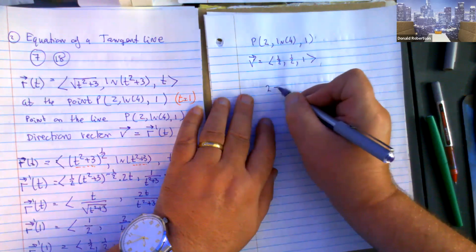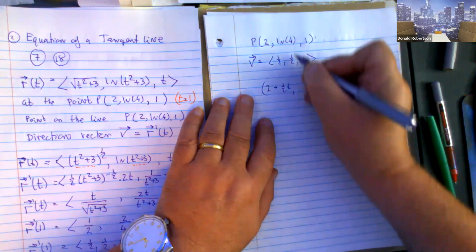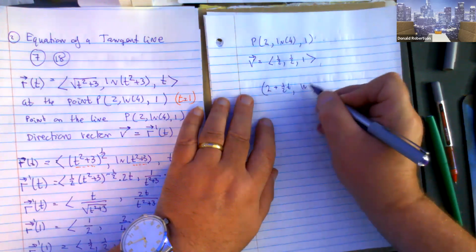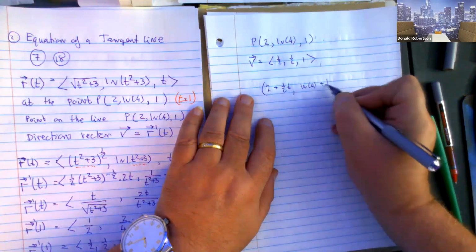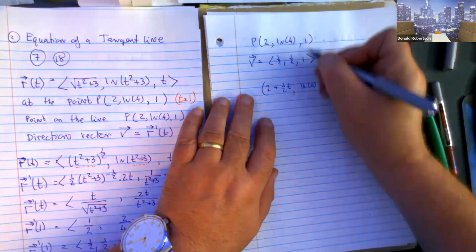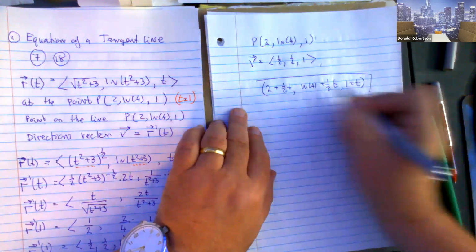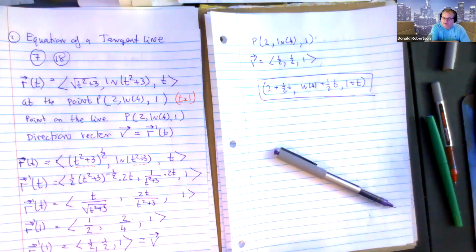You get 2 plus a half t, log 4 plus a half t, and 1 plus 1t. And that is the equation of the line written down in parametric form, which is what they wanted.